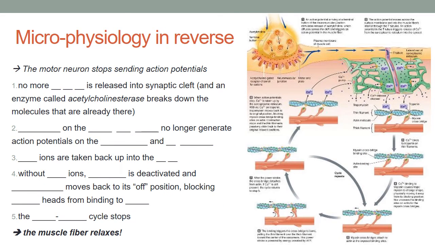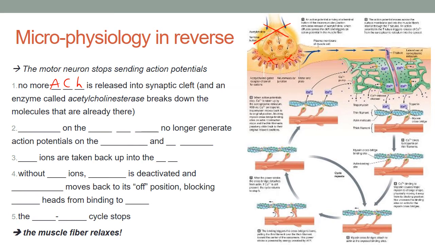Now, what you may not have considered in studying all of those steps is what happens when we want the action potential to stop, or when we want the muscle contraction to stop. As soon as the motor neuron stops sending action potentials, we have no more acetylcholine released into the synaptic cleft.